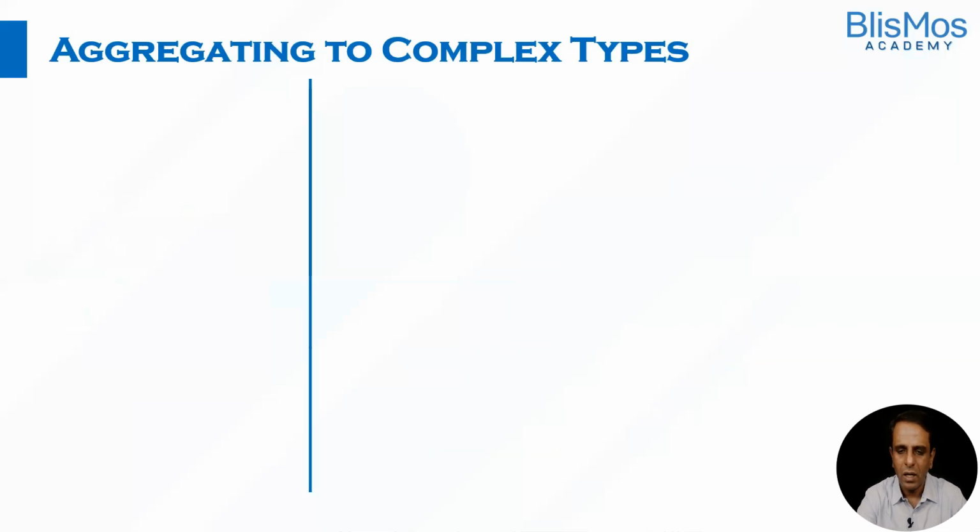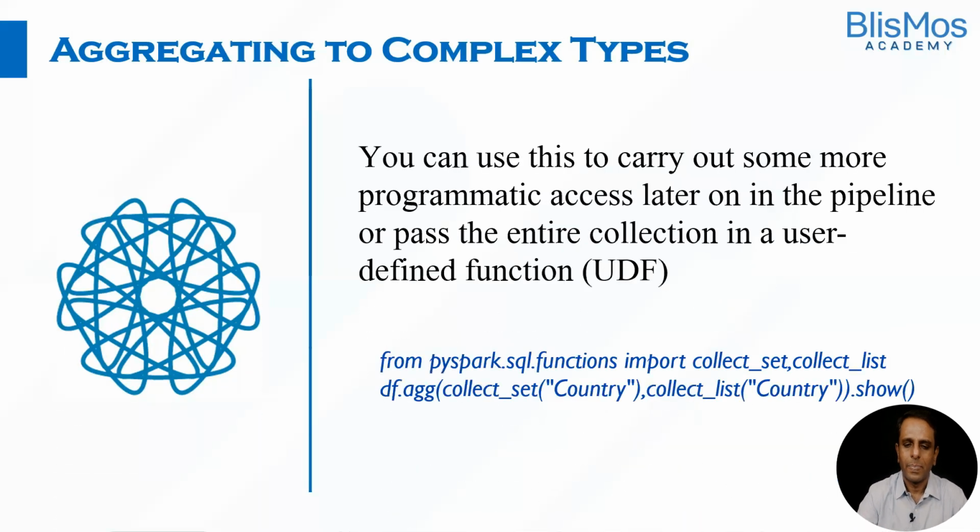So we do have a couple of functions like collect_set and collect_list. What is the use of this? You can take a particular column, collect it to a set or a list, and use that as part of any other user defined functions.